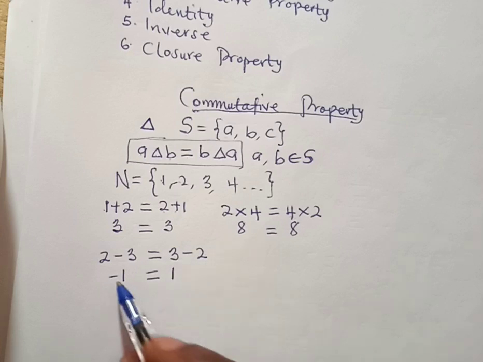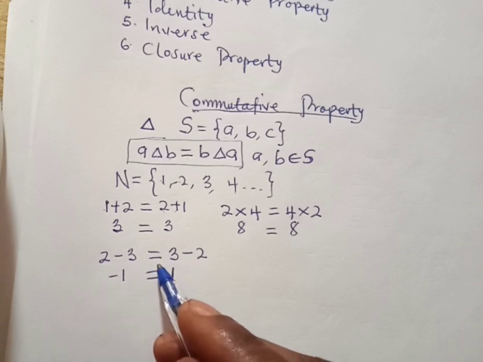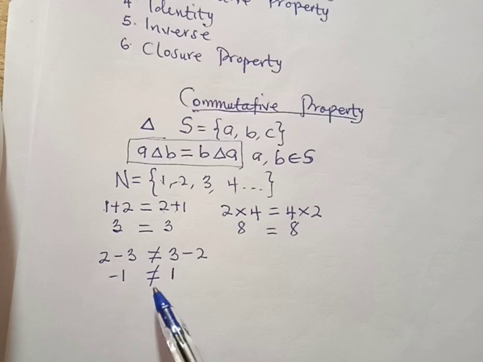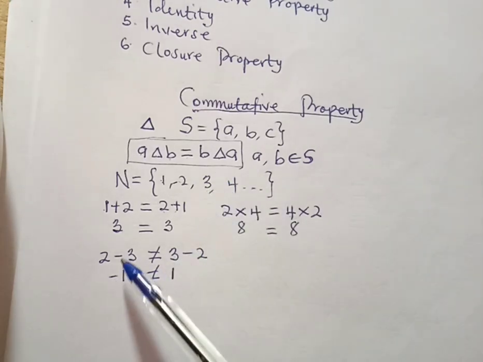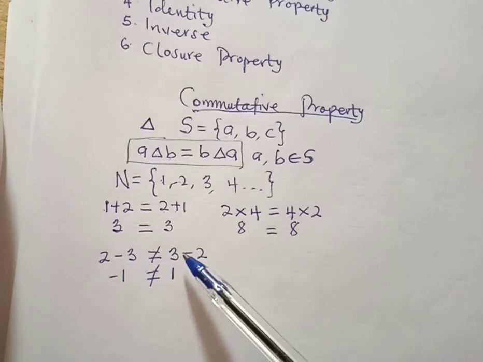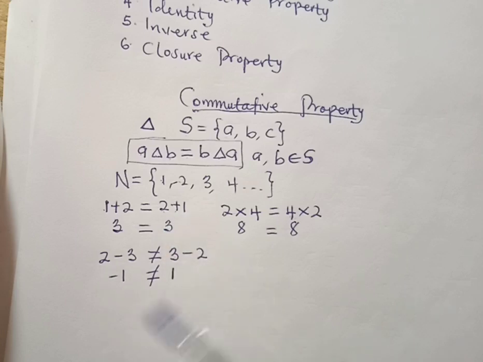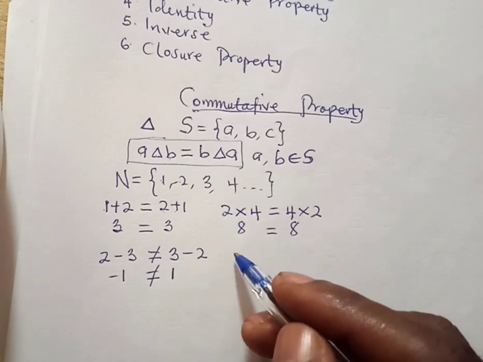Are they the same? Since this is negative and this is positive, they are not the same. If they are not the same, then we can conclude that subtraction of natural numbers is not commutative.